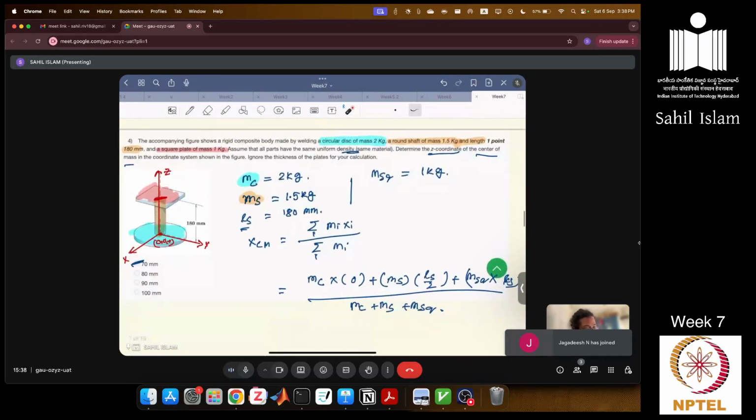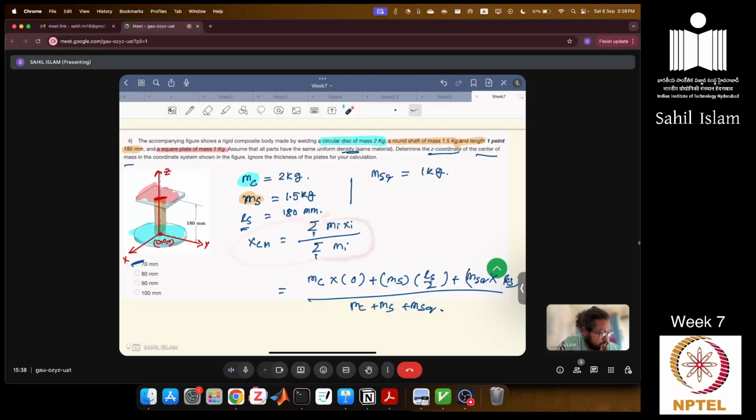Next question was we are given this kind of setup where we have a disk like this with some mass, and a cylinder like this with some mass and length, and a square plate like this with some mass given. We are asked to find out the center of mass, so we use sum over i of mi xi.